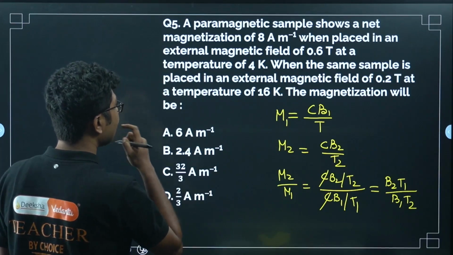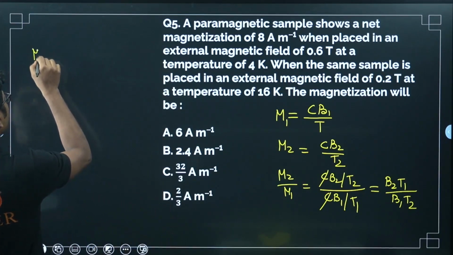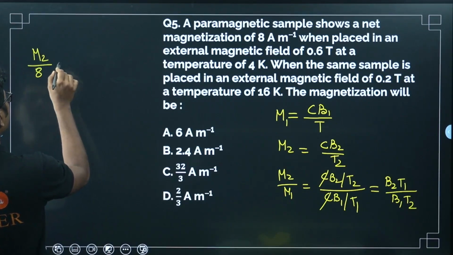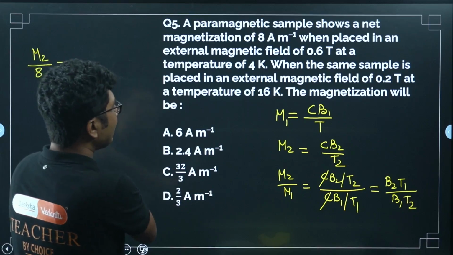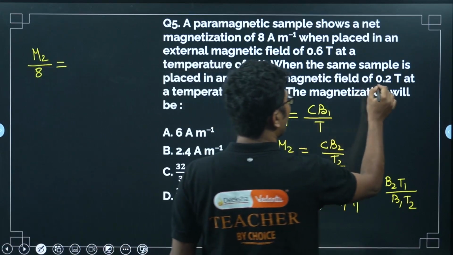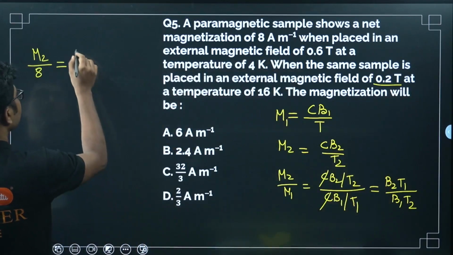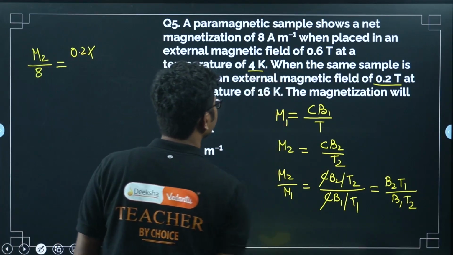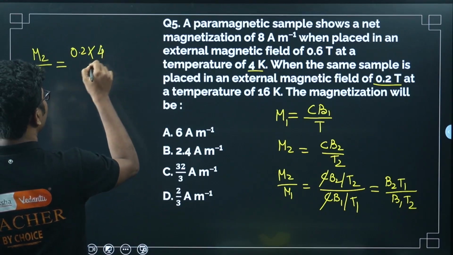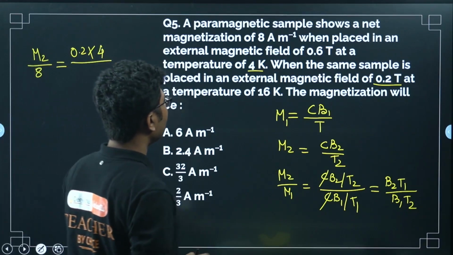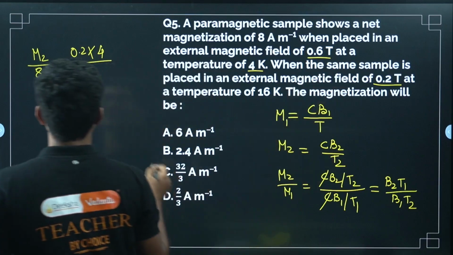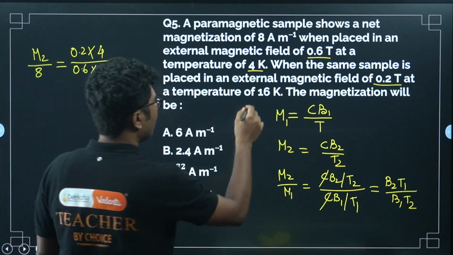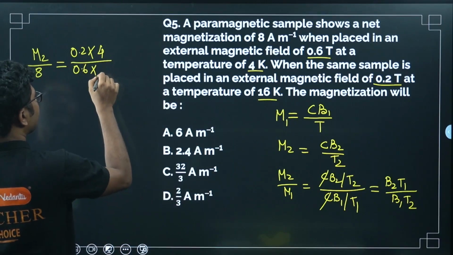Now let's put the values. M2 is what we are trying to find. M1 is given, 8 ampere per meter. Now B2 is given, B2 is 0.2 Tesla. T1 is given, 4 K. And B1 is given, 0.6 Tesla, and final temperature T2 is 16 K, right?